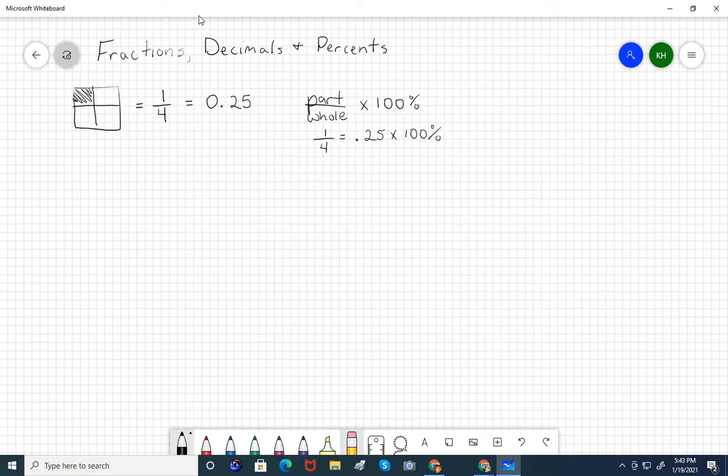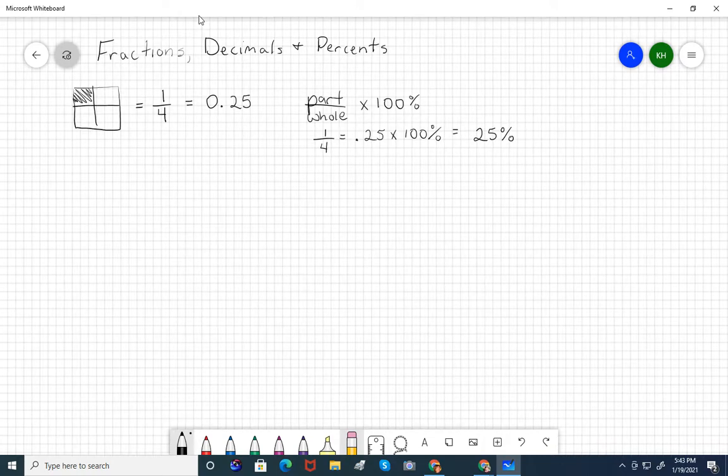And we go, oh, that comes out to equal exactly 25%. Again, most of us are very comfortable with certain fractions and percents. Those are really worth knowing well.